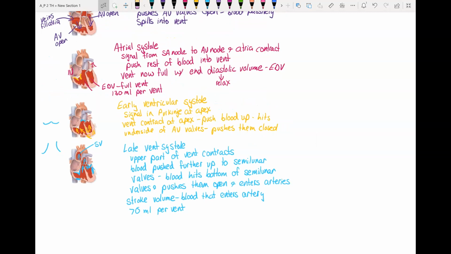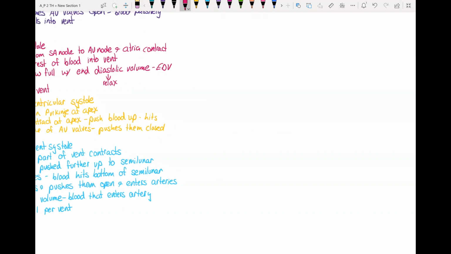So let's look at these 3 numbers. You have 130 here is your end diastolic volume. So that is the ventricle is full. So here is a full ventricle with 130.